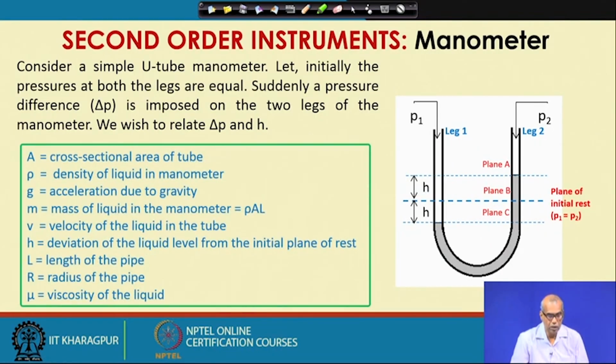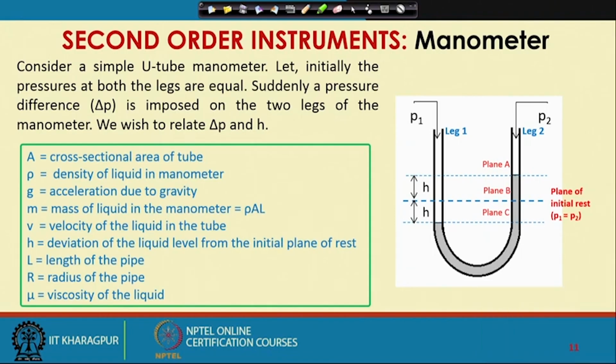Let us introduce these terminologies. A equal to cross sectional area of the tube, rho is density of liquid in manometer, g is acceleration due to gravity, m equal to mass of liquid in the manometer, which can be taken as rho A L, because A times L is the volume, and rho times A L is the mass of the mercury.